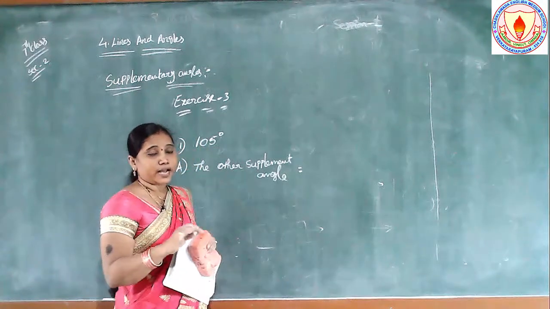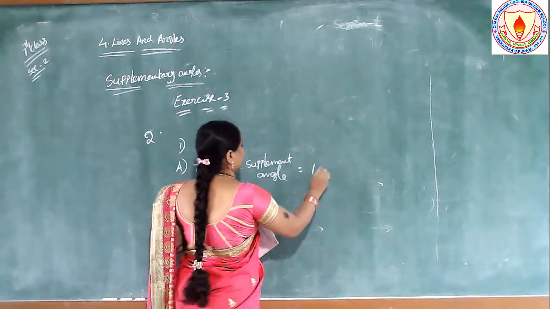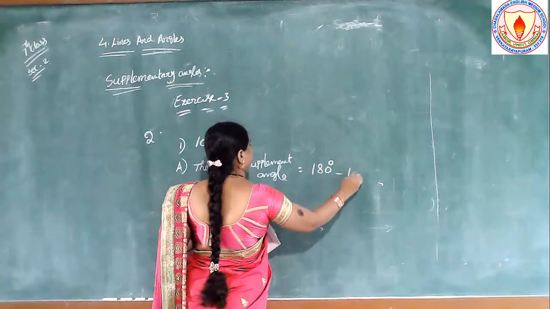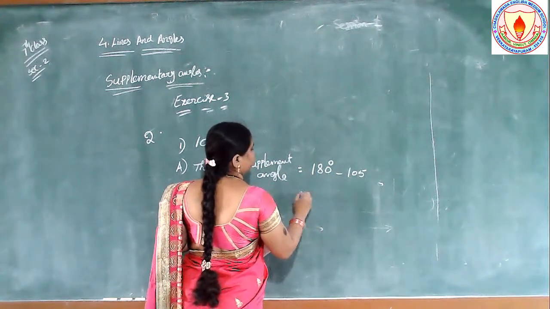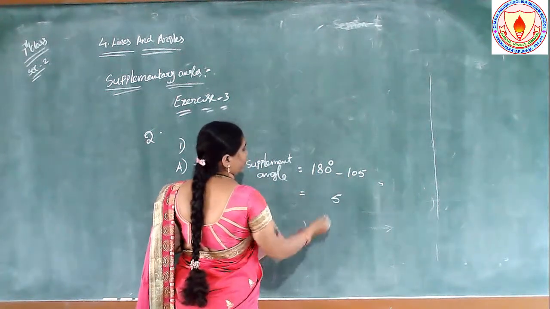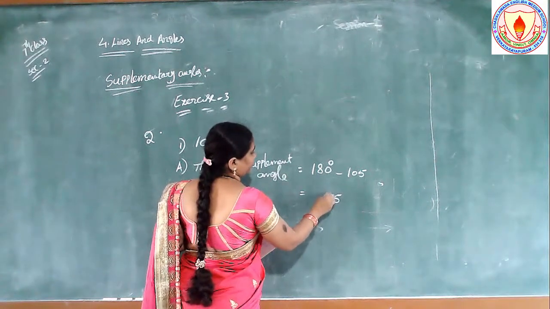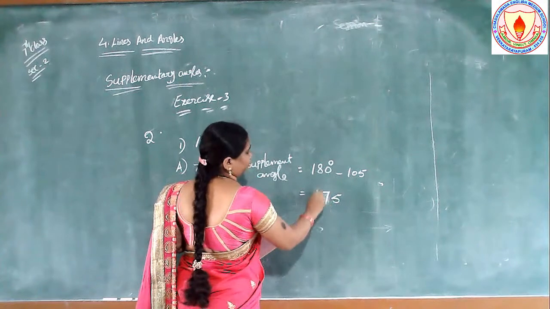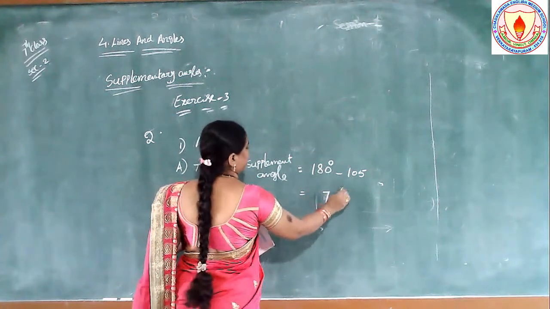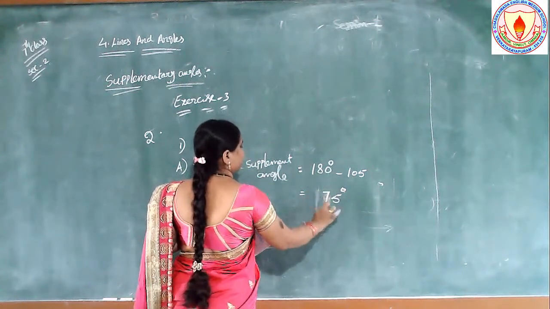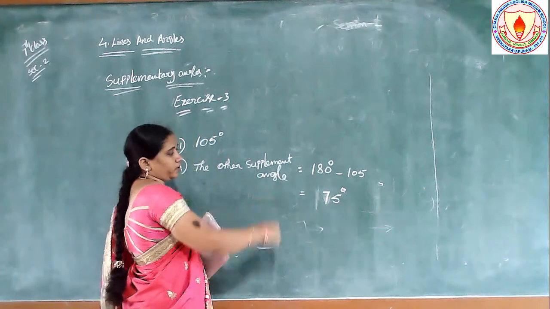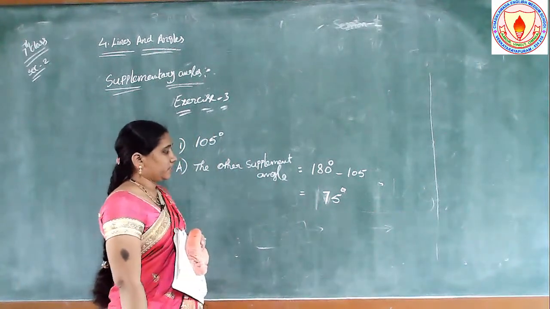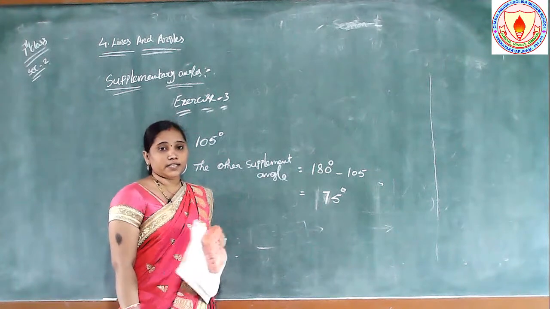Here supplementary angles mean 180, that's why we have to subtract from 180. 180 minus 105 is 75 degrees. So if we subtract 105 from 180, 75 degrees is the other angle.